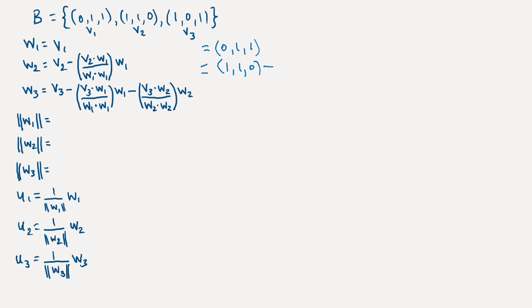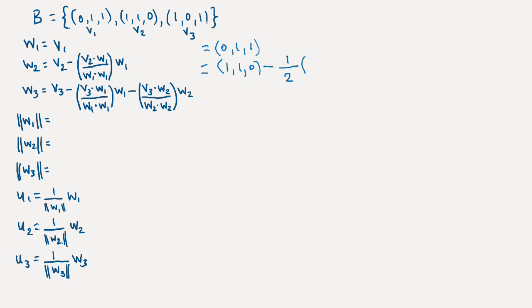So first of all, let's take the inner product of V2 with W1, and that's going to give us 1. And then inner product of W1 with itself will give us 1 squared plus 1 squared, so 1 plus 1, or 2.